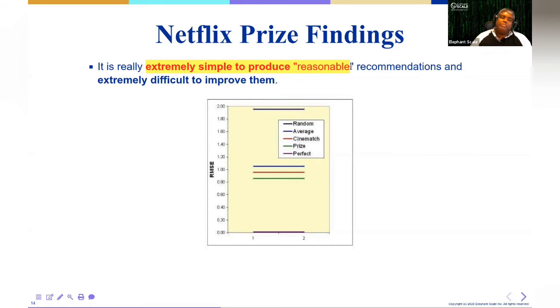When you do the lab, you will see it just takes maybe 10 lines of code. However, it's extremely hard to improve them. You can spend maybe half an hour to come up with a recommendation algorithm that is pretty decent, but it's going to take lots and lots of work to improve it after that.